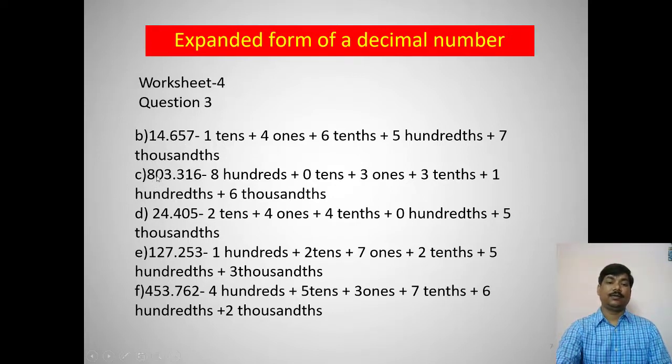In this one, 0 tens, 3 ones, 3 tenths, 1 hundredth, 6 thousandths. Similarly, in this number, 2 tens, 4 ones, 4 tenths, 0 hundredths, 5 thousandths. In this number, how many ones? 7 ones. How many tens? 2 tens. How many hundredths? 5 hundredths. How many thousandths? 3 thousandths.